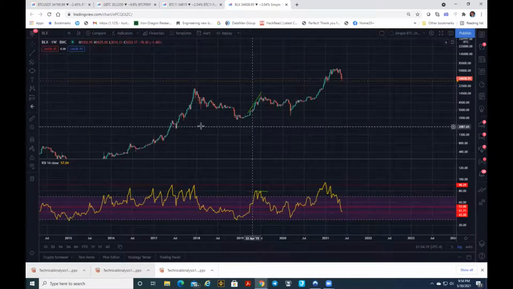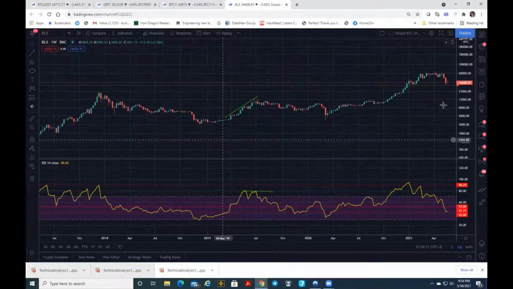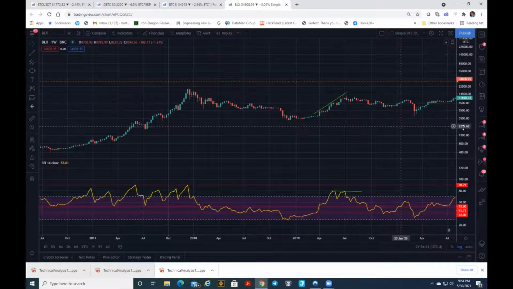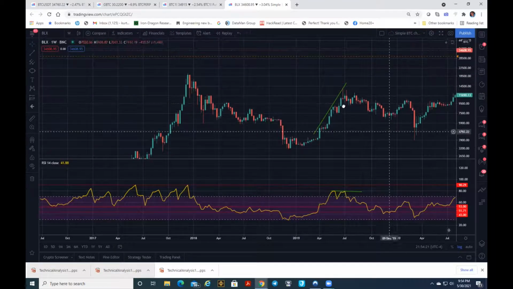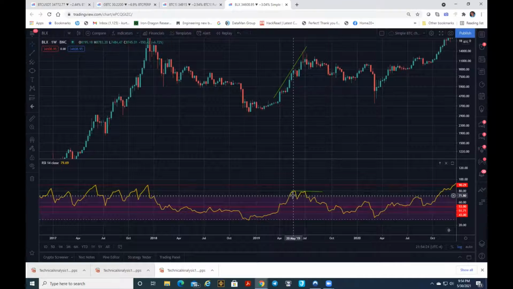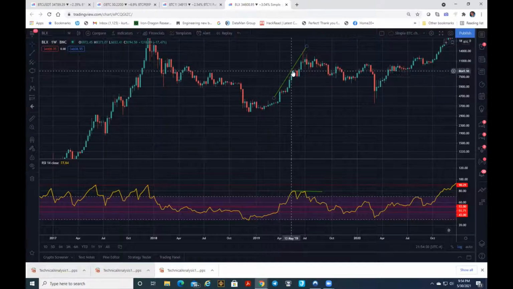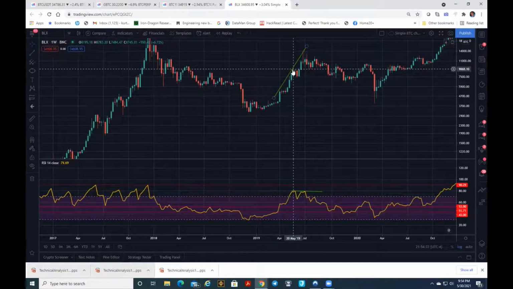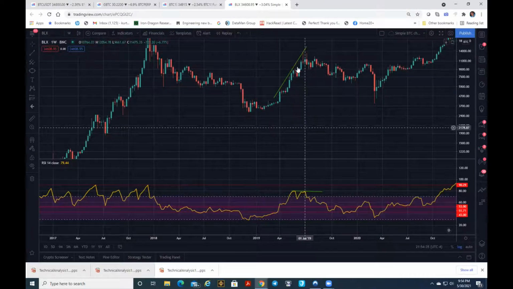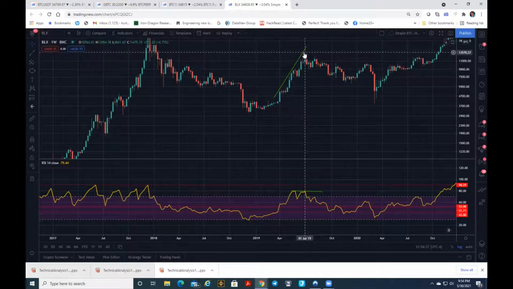That's exactly what happened on this weekly time frame. And the higher the time frame is, the more likely the divergence is to happen. So we have the RSI that comes up here, the price action hits this point. We have the price action on Bitcoin going up to about 9,000, and then the price action shoots up more.